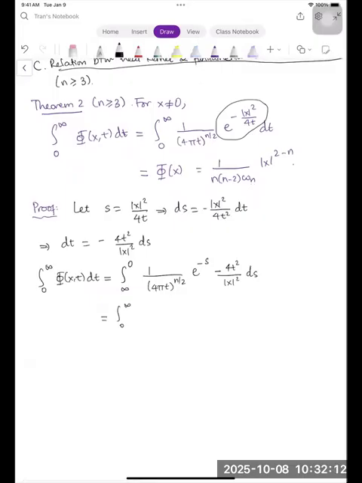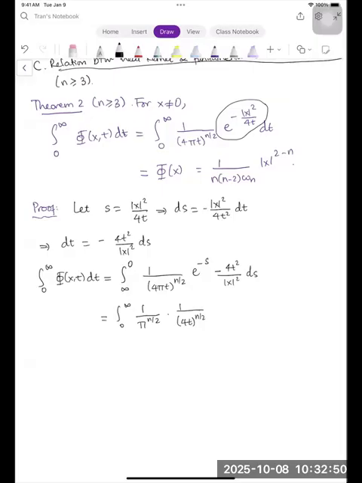Let me be careful. I'm going to write this in terms of s. Let me split the pi out. So this equals 1 over pi to the power n over 2 times 1 over (4t) to the power n over 2.